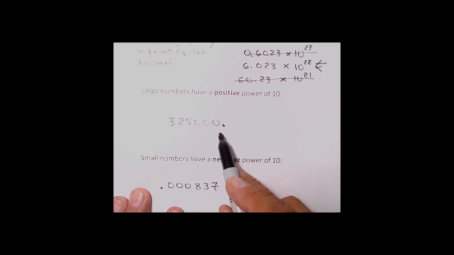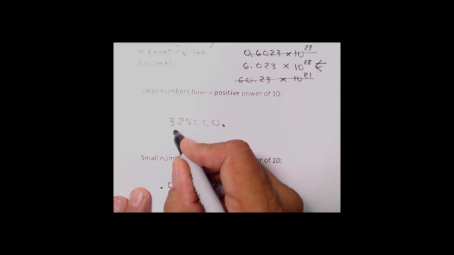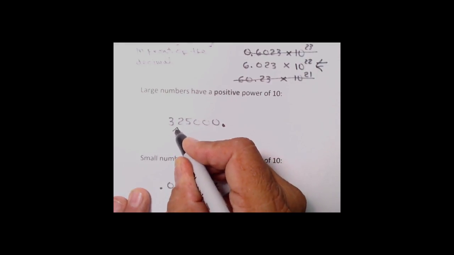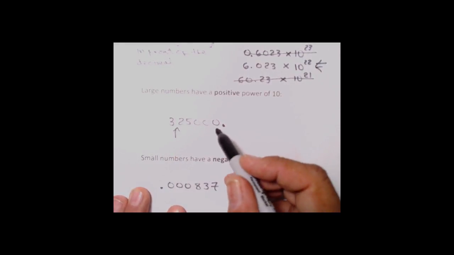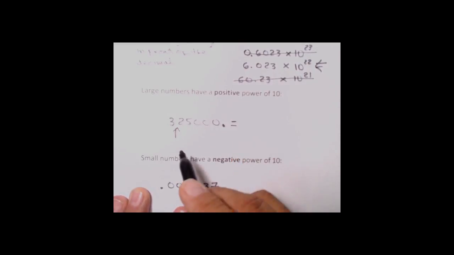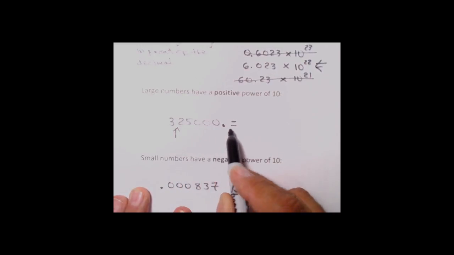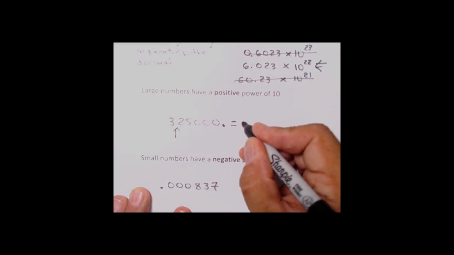On a regular number, if it's a whole number, you can always do that. Where do we want to have the decimal point end up to be in proper scientific notation form? Right here between the 3 and the 2. So if we write this in scientific notation form, we're going to write 3.25. The rest of the trailing zeros you don't have to write.